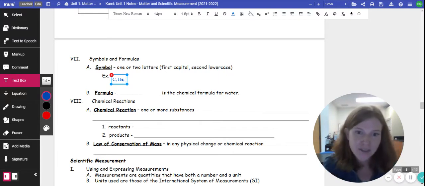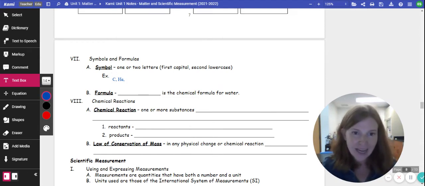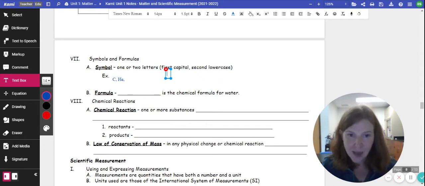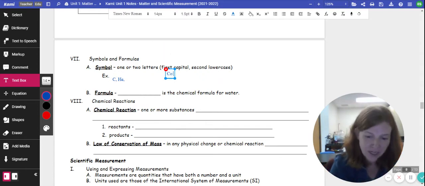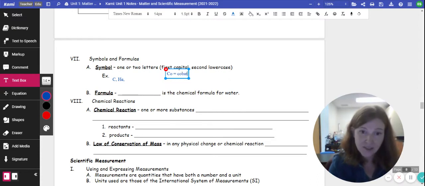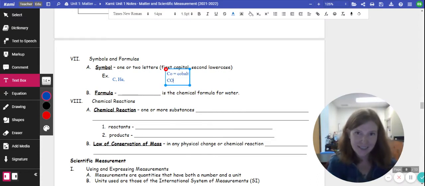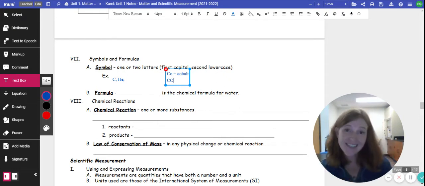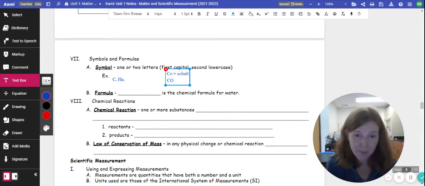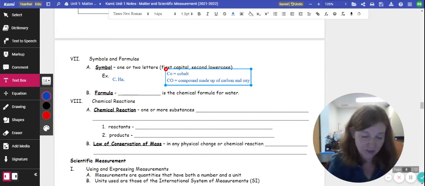But I do want to make sure that everyone's aware that when we're talking about an element symbol, it's always going to be a capital letter followed by a lowercase letter. So for example, Co is the element cobalt. If I instead say CO, where both the C and the O are capitalized, this is actually a compound made up of carbon and oxygen.